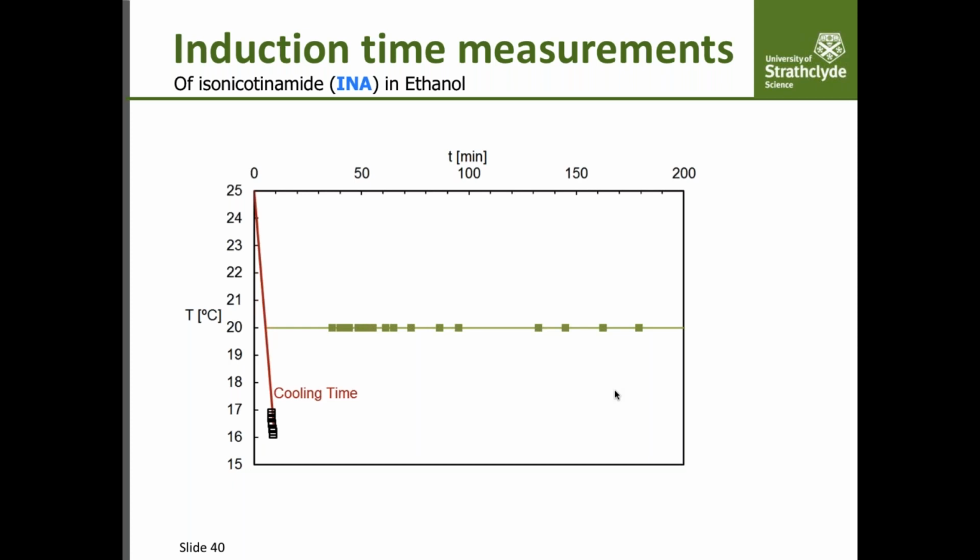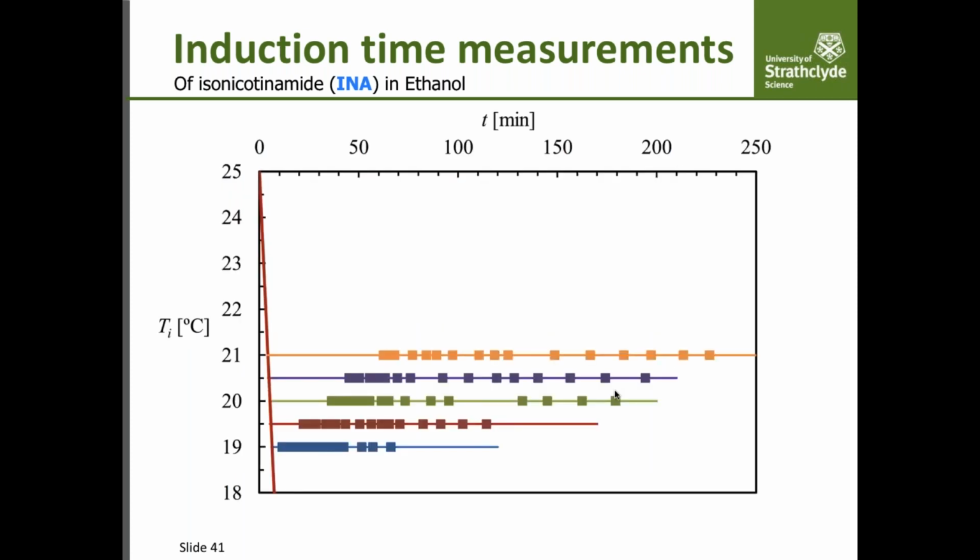And we can do that for different temperatures and the same solution, which is saturated at 25 degrees. And we obtain this graph, which shows the region in which we don't detect any crystals at a particular temperature.